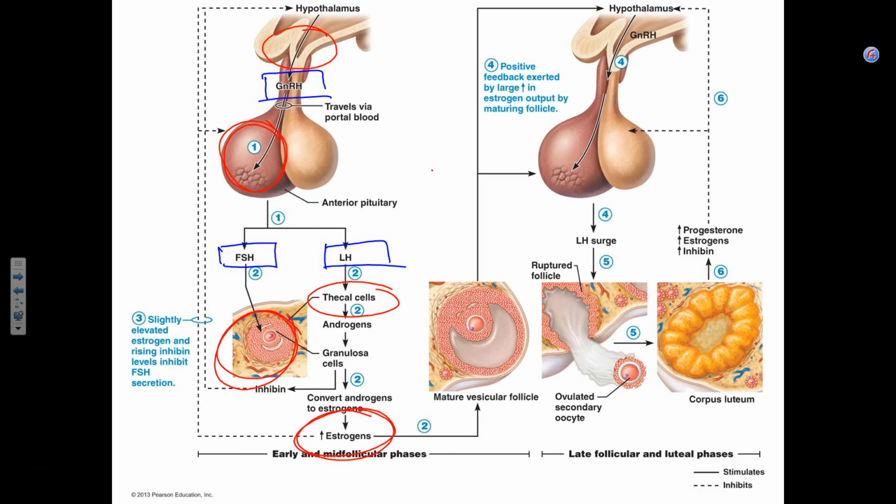Now, before we move on, I want to ask you this. Do you remember what is the essential outcome of luteinizing hormone acting on the male testes? It stimulates testosterone. What's the essential outcome of luteinizing hormone acting on the female ovaries?